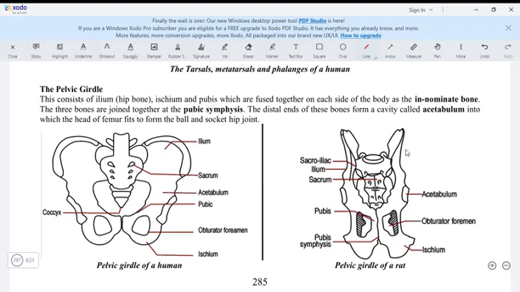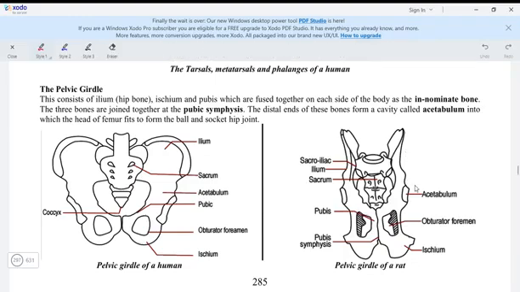As you can see in this diagram, this is the pubic symphysis. The pubic symphysis is below here. So the ilium, see the ilium here, then the ischium is the one that is below. So ischium is below, ilium is beside. Ilium, letter L here, ischium is here, then the pubic symphysis is here.